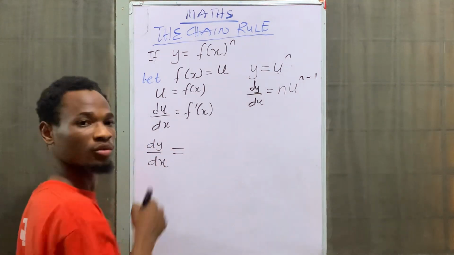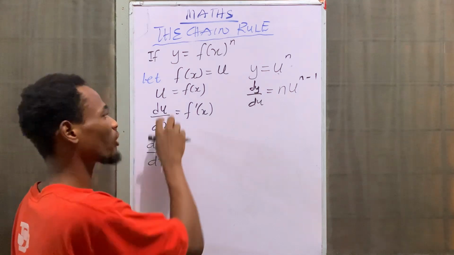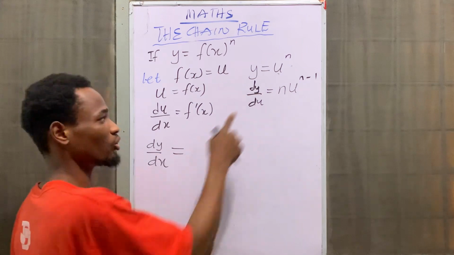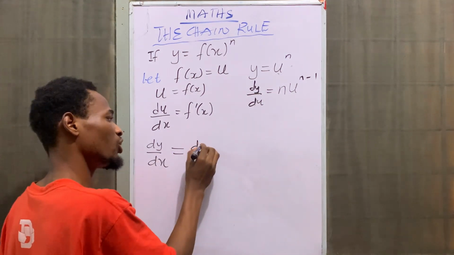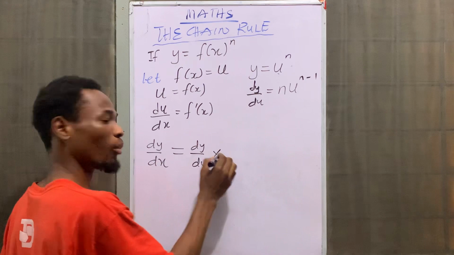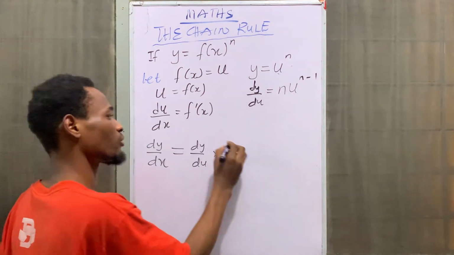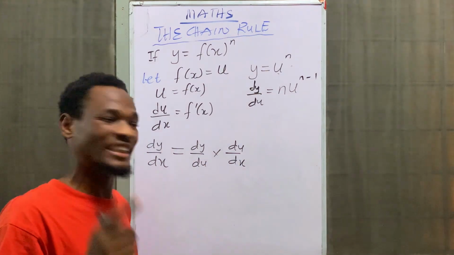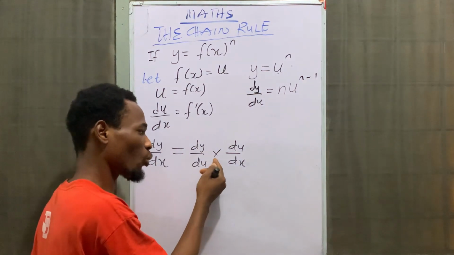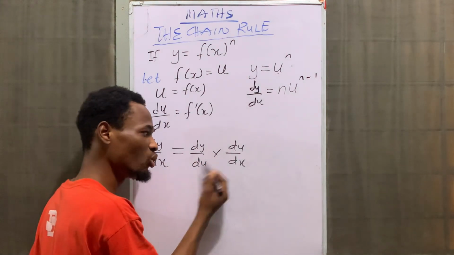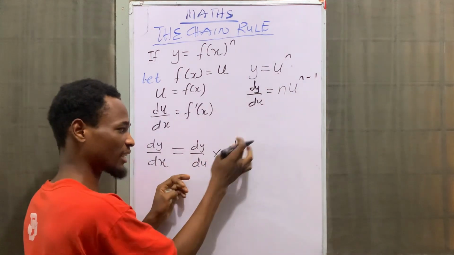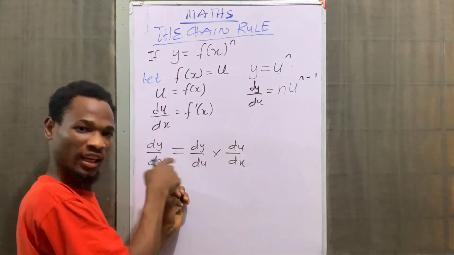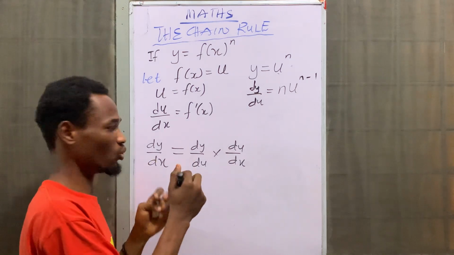Now, to get my dy/dx, what do I do? I'll multiply the differentials. So I have my dy/du multiplied by the other differential, which is du/dx, such that when du cancels out, I'll get dy with respect to dx, and it is correct using the chain rule.